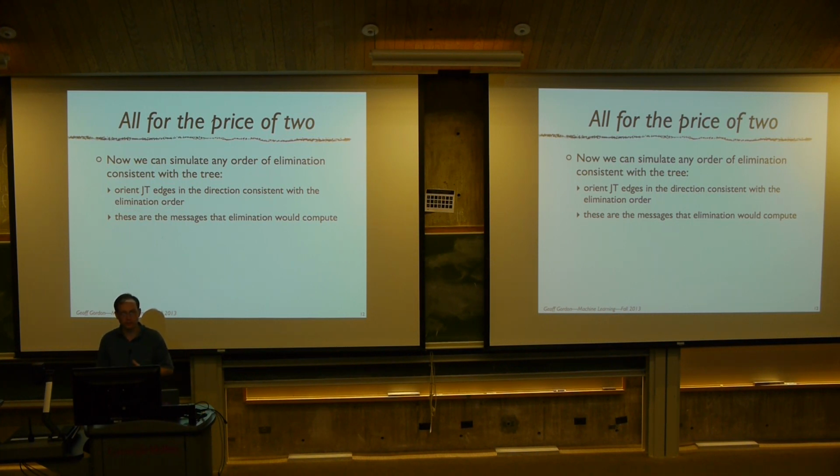You can just read that off. And then that just selects the messages. We have all of these messages before. These are going to be exactly the messages that variable elimination would have computed. And we're done. We did no computation at this point, and we can simulate any variable elimination order. So that's kind of cool.